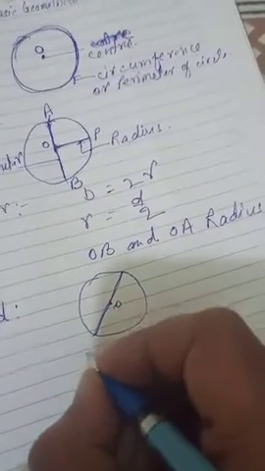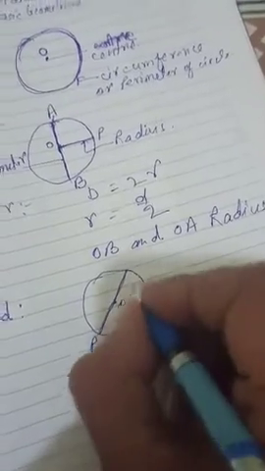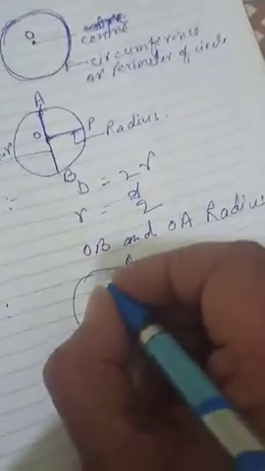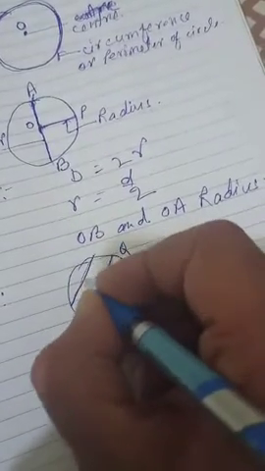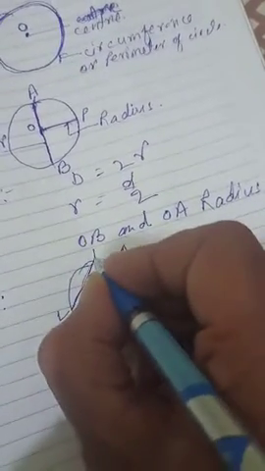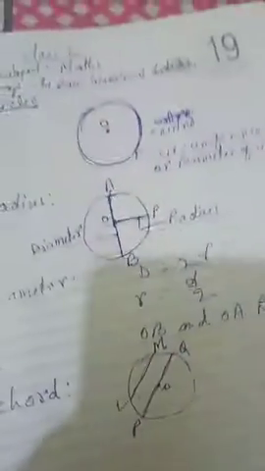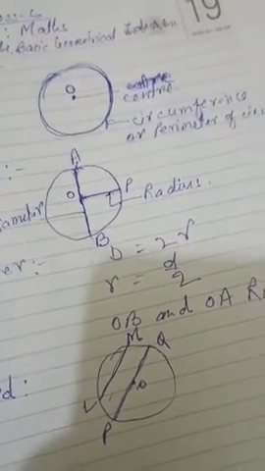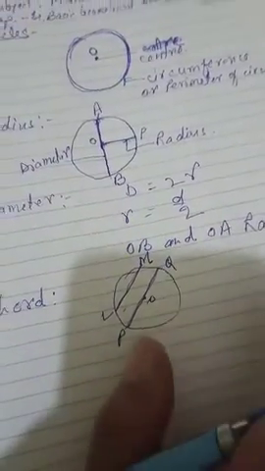These are OP and PQ, these are chords, and LM is also a chord of the circle. The chord is a line segment whose end points lie on the circle. Diameter is the longest chord of the circle.